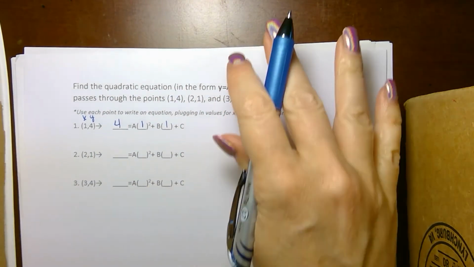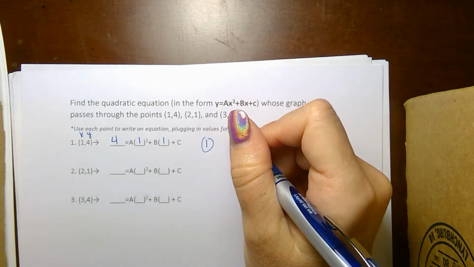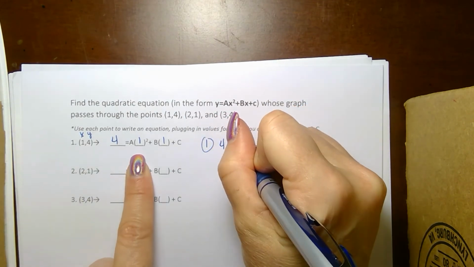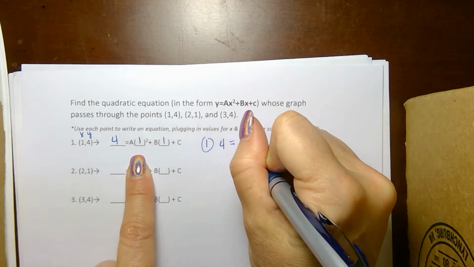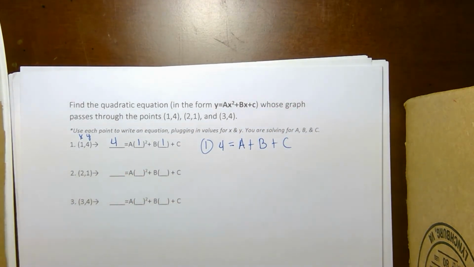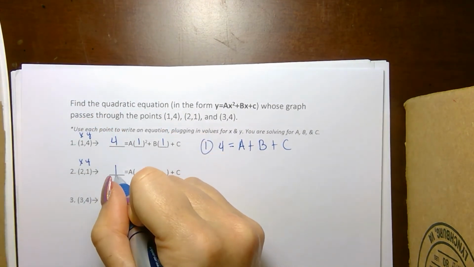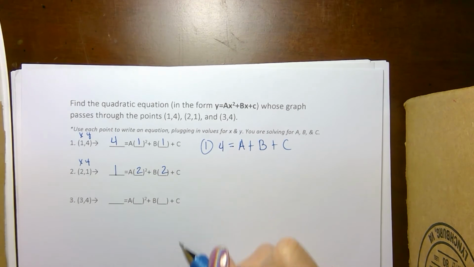So this equation, equation number 1, is 4 equals, well, 1 squared is just 1, so a plus b plus c. That's my first equation. Then my second equation, I plug in for x and y. Y is 1 here, x is 2.